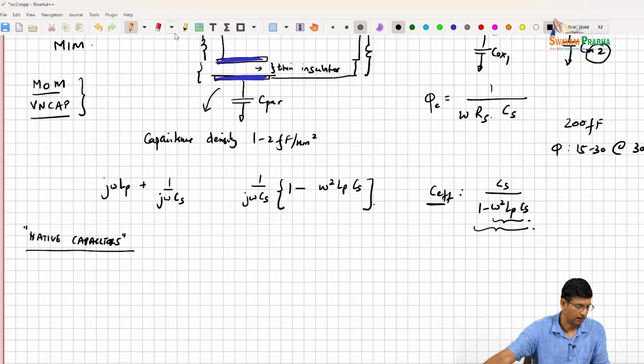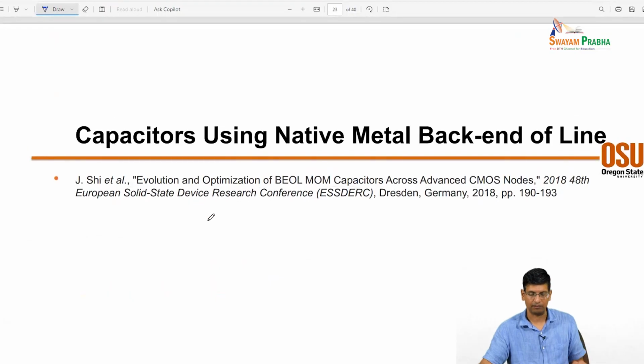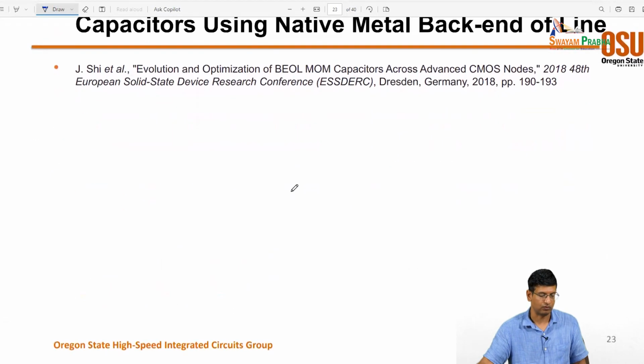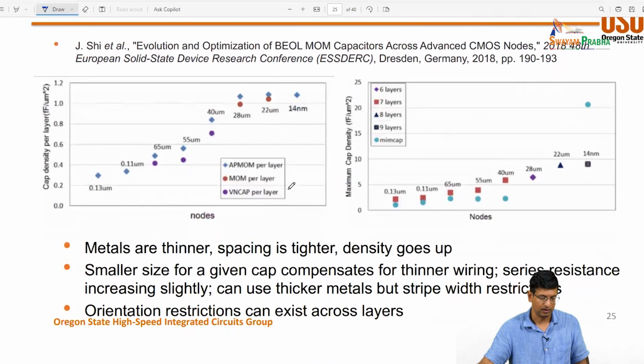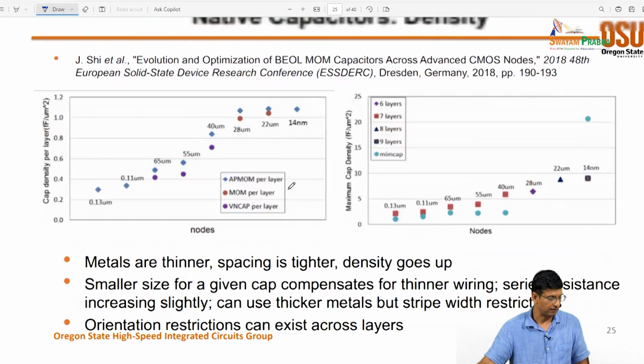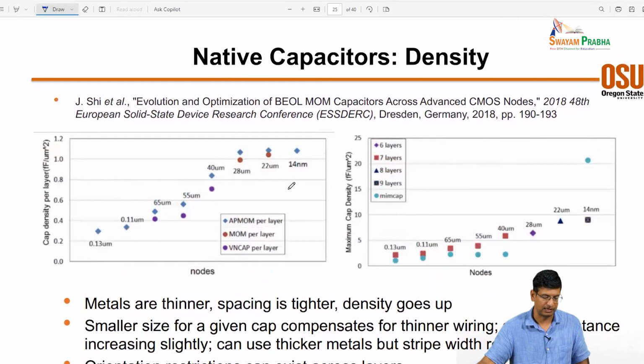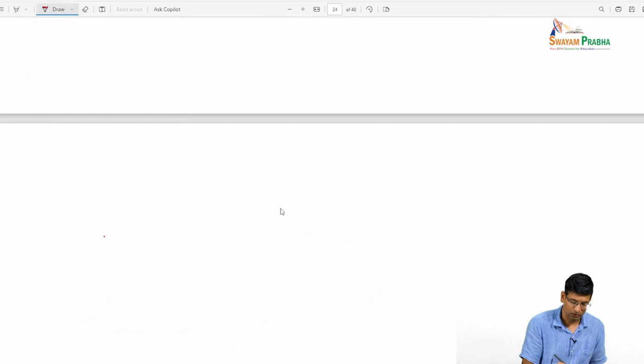So this paper talks about how these MOM capacitors have moved across nodes. So I've taken some figures from this paper, but effectively what you see is that you have one metal, right?